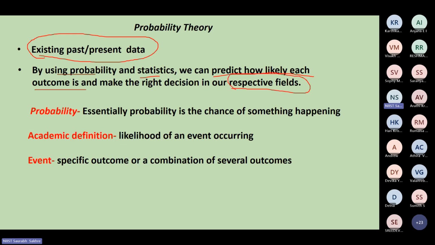Whatever subject area you are working in, you can work out how likely each outcome is going to happen by using probability and statistics both. Someone may ask why I'm using the words probability and statistics separately. Actually, probability may or may not be directly characterized into statistics, because probability comes from a different school of thought.